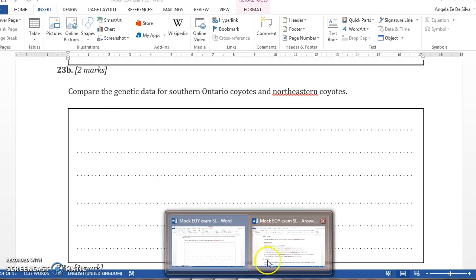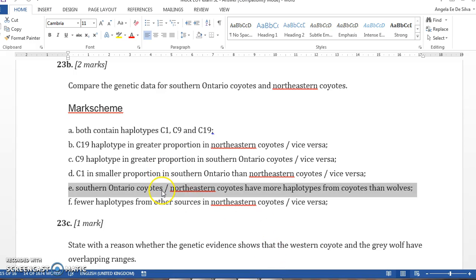That is an observation from a different perspective, which is good, because you have looked at it and you picked up on that. Then, fewer haplotypes from other sources in the northeastern coyotes, or vice versa. So this one is talking about the other sources.